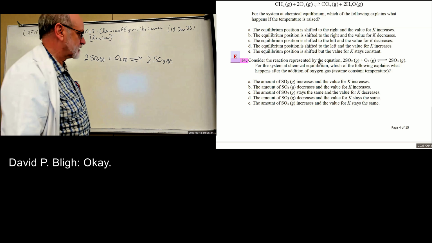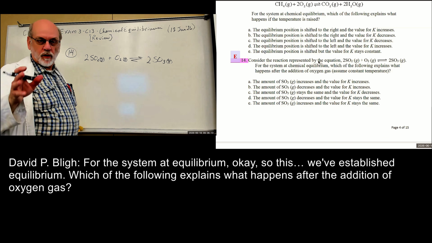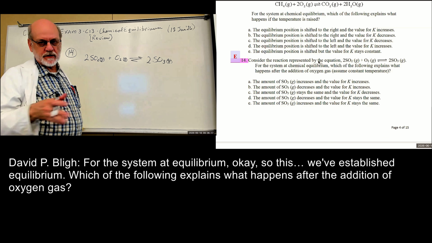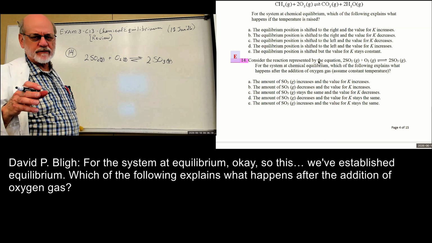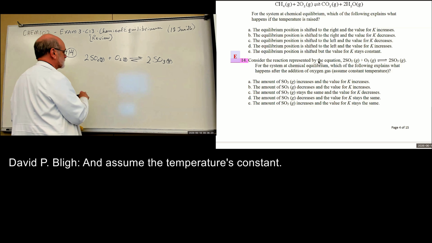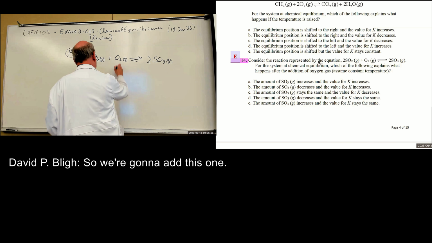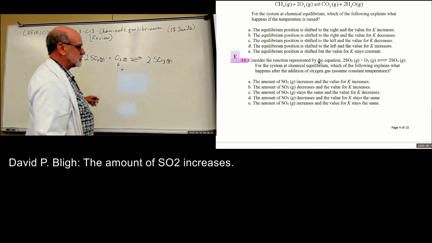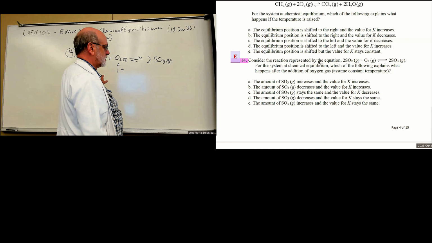Yes. Okay. For the system at equilibrium, okay, so we've established equilibrium. Which of the following explains what happens after the addition of oxygen gas? And assume the temperature is constant. So we're going to add this one. Add oxygen gas. The amount of SO2 increases.